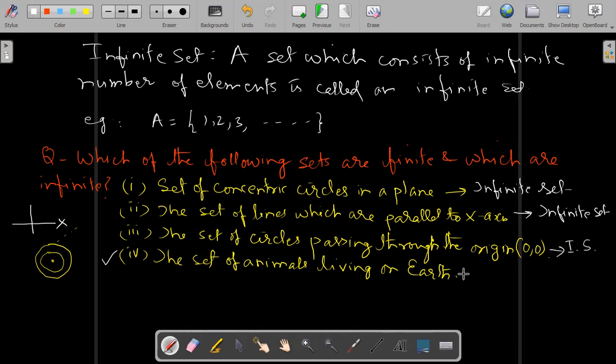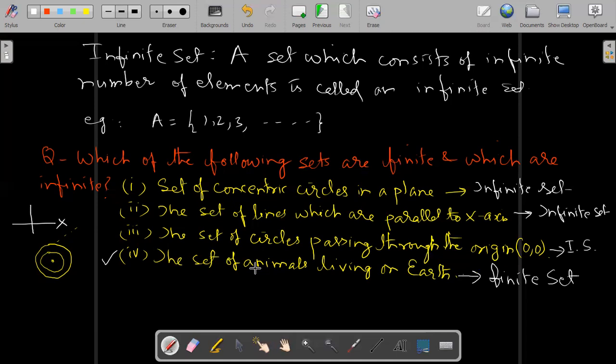It is considered to be a finite set because it contains a finite number of elements. We don't know the exact number, but it is finite. So therefore, just remember that this is a finite set. If this type of question comes, you can understand it is always a finite set. Got it?